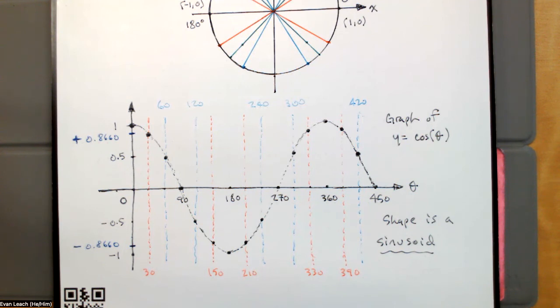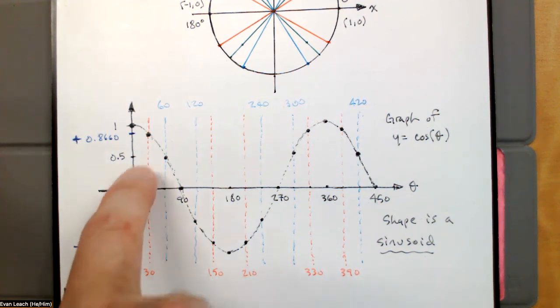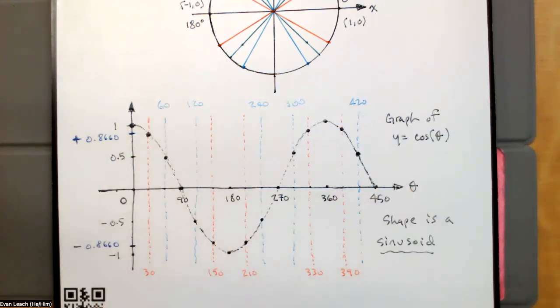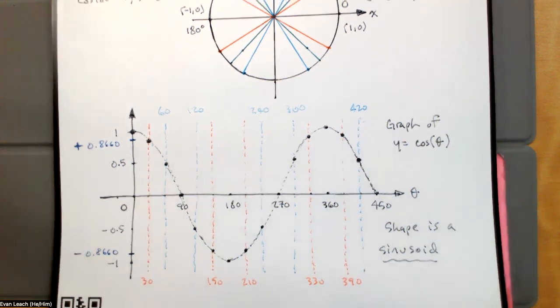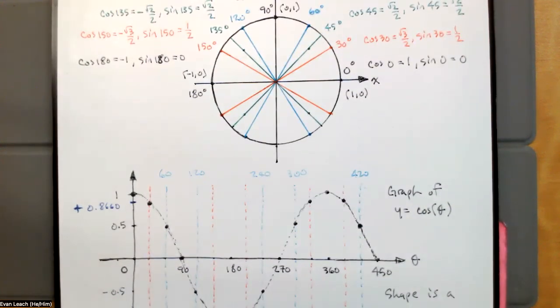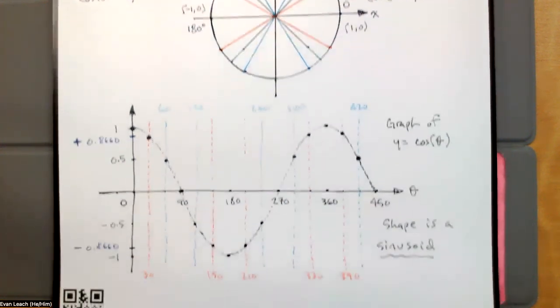Sinusoidal graph. We could do the same thing with sine. It would start off at 0, go up, down, and then up again. And then repeat 0 to 360. This is how we're going to practice taking a function that is designed to go around in a circle and stretch it out into a function that goes horizontal like our functions normally do.